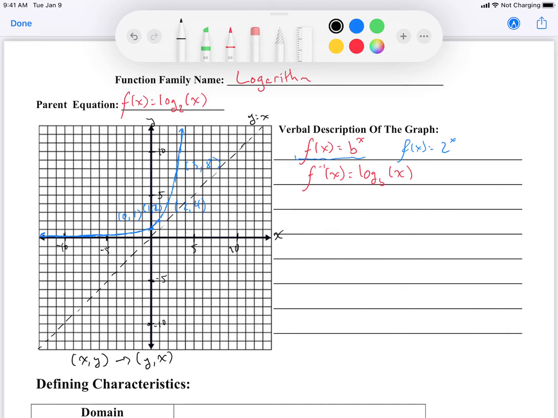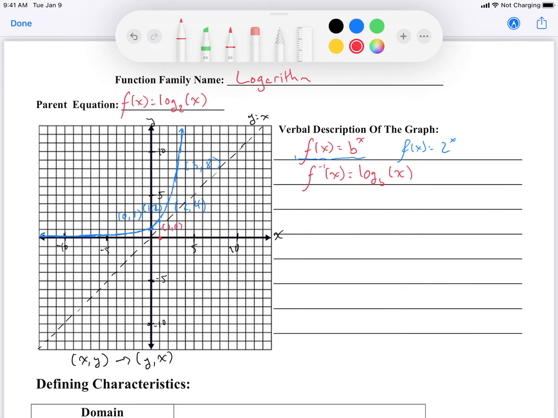So in order to graph the logarithm now, all I'm going to do is transpose x and y. For each of these coordinates, if I'm going 0, 1, my first point should be where? 1, 0. Perfect. It should be over here at 1, 0.